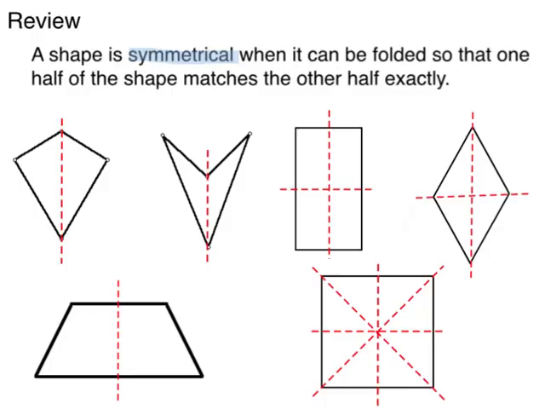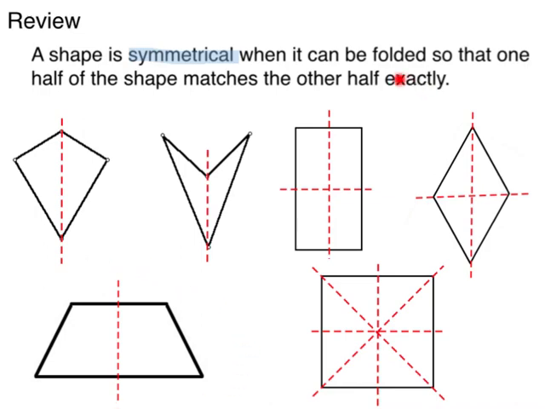So another attribute that can be used to describe quadrilaterals is called symmetry. A shape is symmetrical when it can be folded so that one half of the shape matches the other half exactly. So here we have the various quadrilaterals that we looked at in this lesson. We have our kites, which have one line of symmetry here. Our trapezoid also has one line of symmetry.